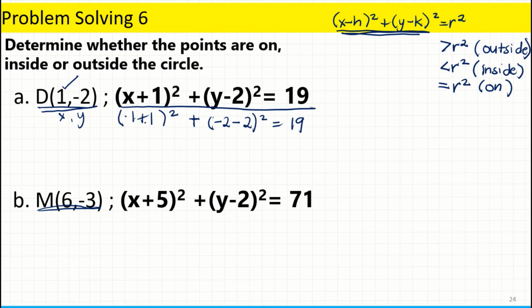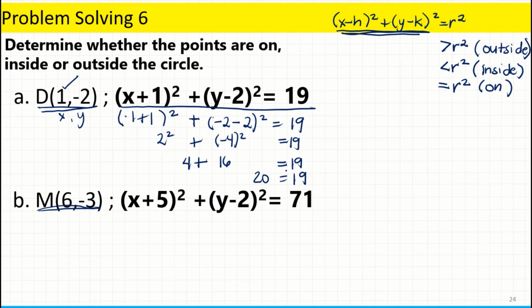Simplifying further, 1 + 1 = 2, squared, plus −2 − 2 = −4, squared. 2² = 4 plus (−4)(−4) = 16. 4 + 16 = 20 = 19.